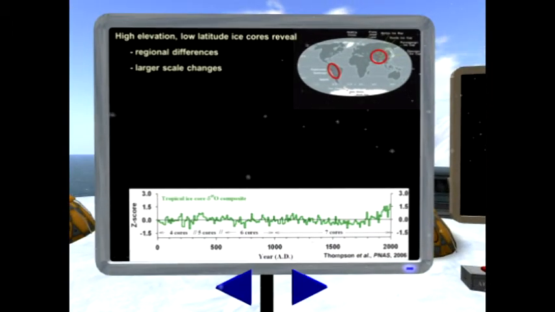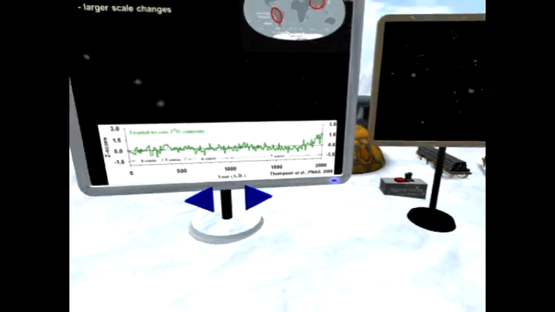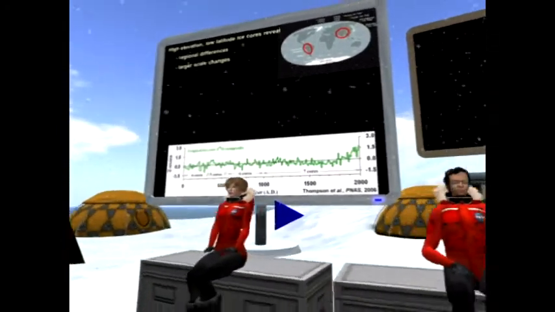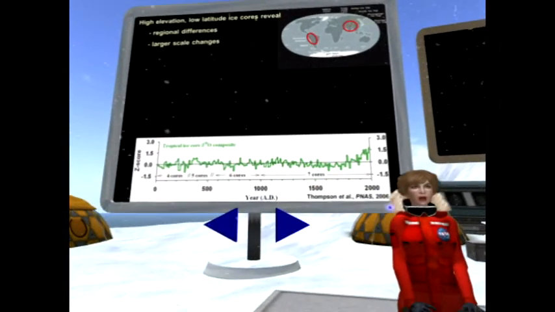The red circle to the right is over the Tibetan Plateau, where Lonnie and his team have drilled ice cores for the last 25 years. If we take the average of the oxygen isotopic ratios from those 4 ice cores, and then in the other circle we have 3 ice cores from the Andes of South America, and we put those together, we get this green graph at the bottom.